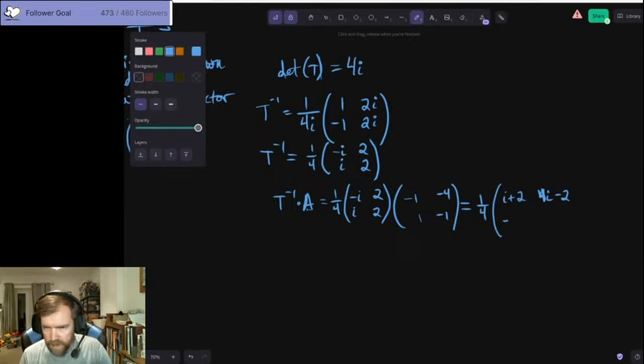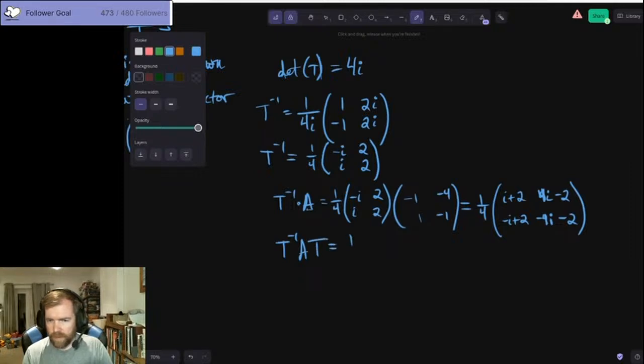Lower is going to be a negative i plus 2 and negative 4i minus 2. And then T inverse AT is going to be 1/4 times all that stuff.